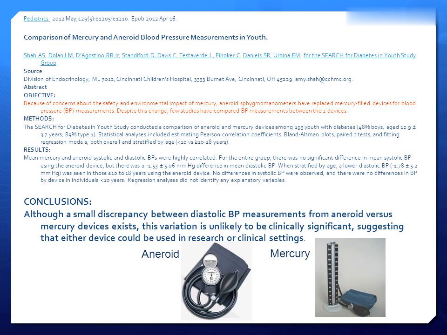Regression analyses did not identify any explanatory variables. Conclusions. Although a small discrepancy between diastolic BP measurements from aneroid versus mercury devices exists, this variation is unlikely to be clinically significant, suggesting that either device could be used in research or clinical settings. Aneroid. Mercury.